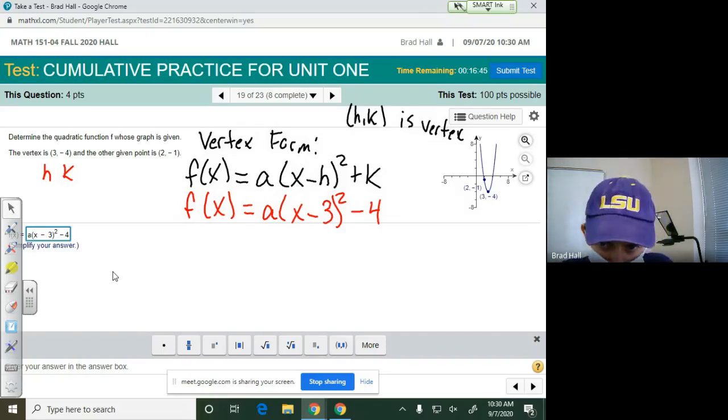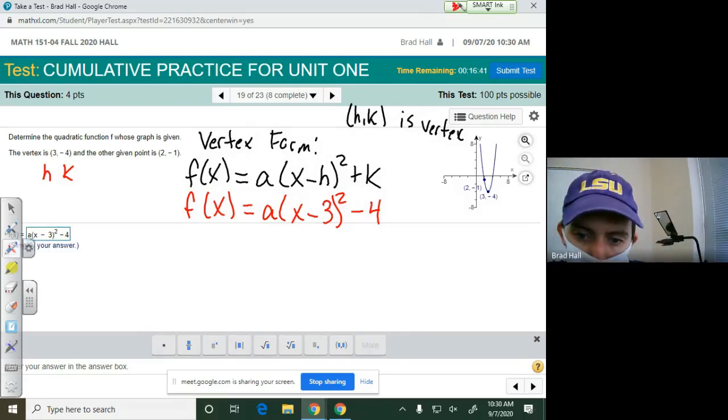So how do we find a? Well, that's when we utilize this unused bit of information over here, the extra point that they give us. What it does is it gives us a temporary x and y value we can plug in to solve for a.